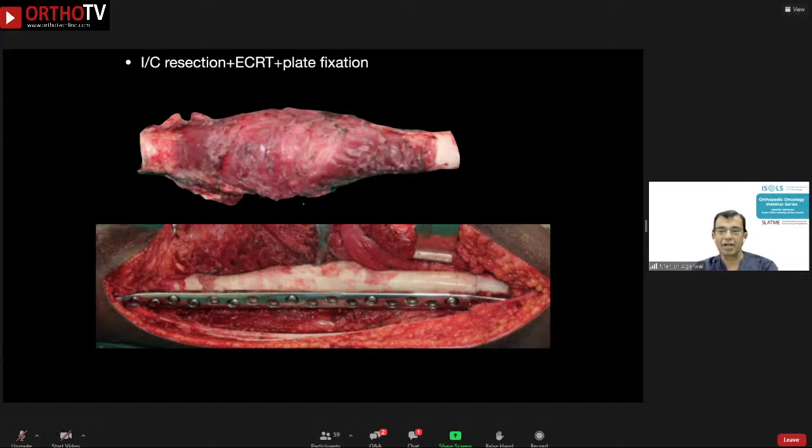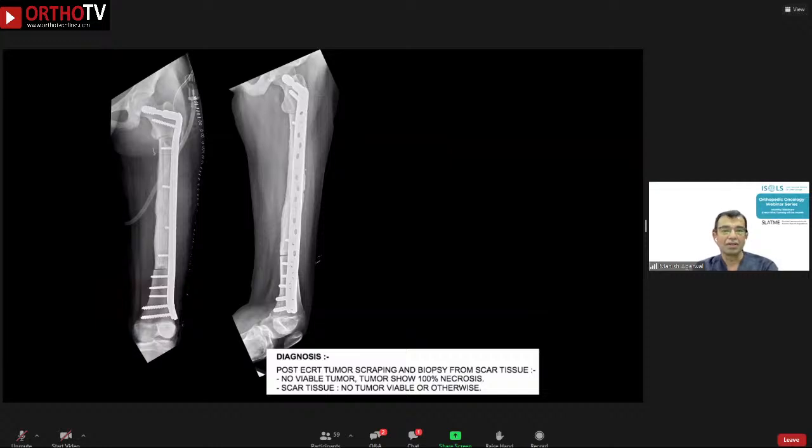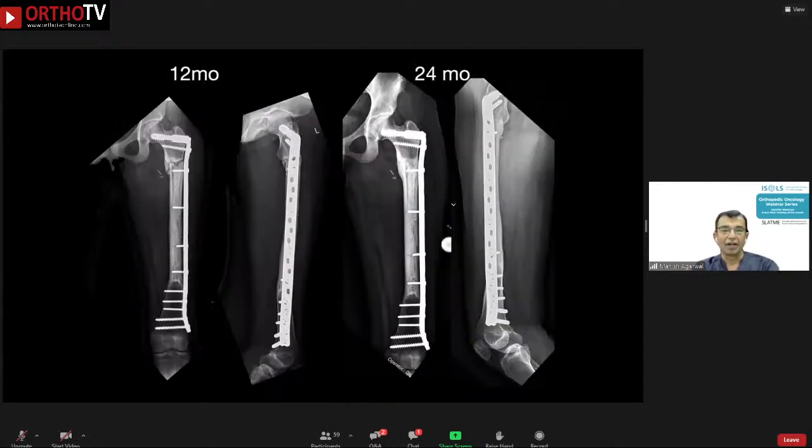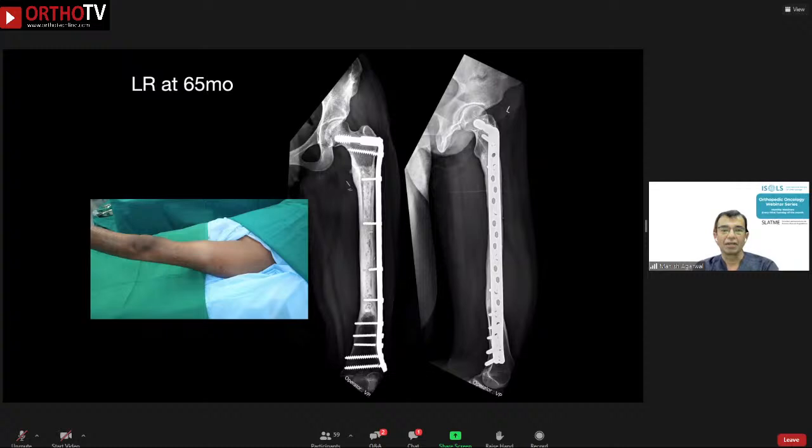She had more than a 90% necrosis. We've gone in and done extracorporeal radiation and reimplantation. Whatever soft tissue she had, we sent that for histopathology, and it said that there was no viable tumor. A year from her surgery, her proximal junction had not healed, so we bone grafted it. And then by 2 years, she had good union at the junctions.